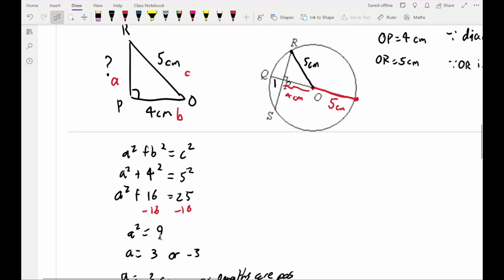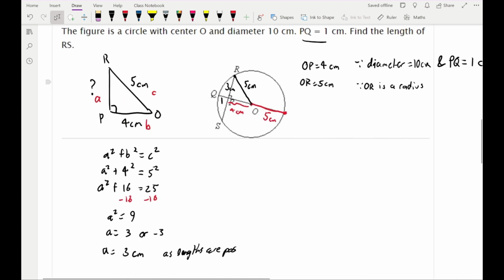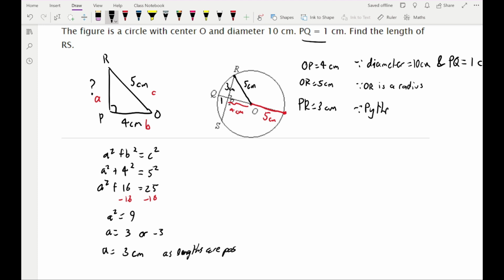A is 3. Let's draw it on our diagram, 3 centimeters there. So basically, you'll hopefully see the whole thing here is 6 now, but let's step it out formally. So our PR is 3 centimeters. Because Pythagoras on triangle ORP.